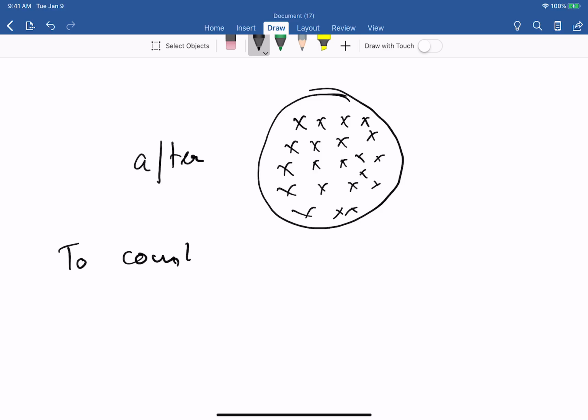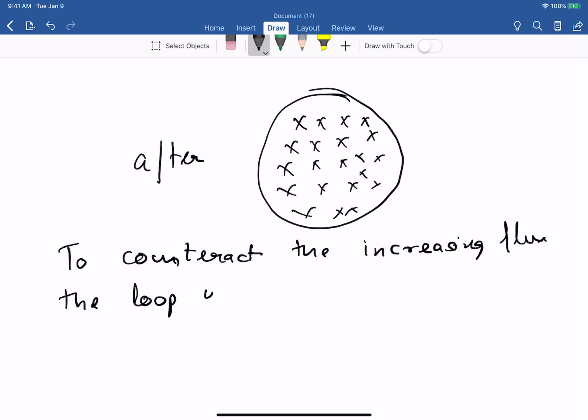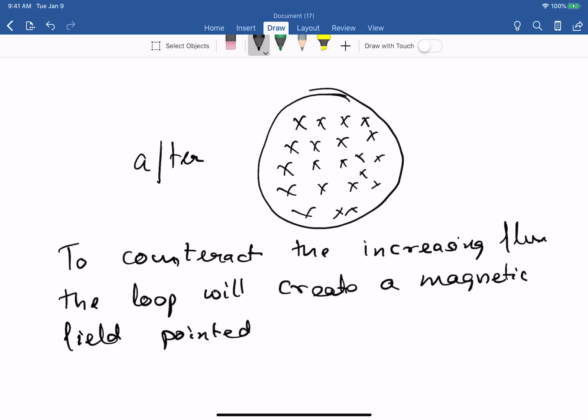To counteract the increasing flux, caused by a magnetic field pointed into the page, the loop will create its own magnetic field pointed out of the page, right?